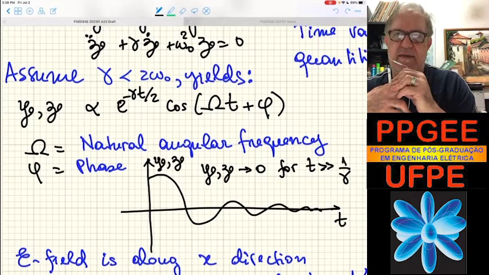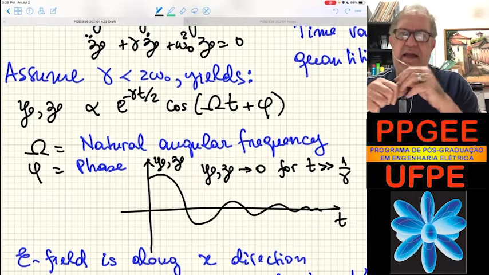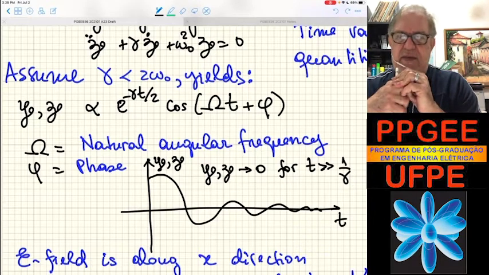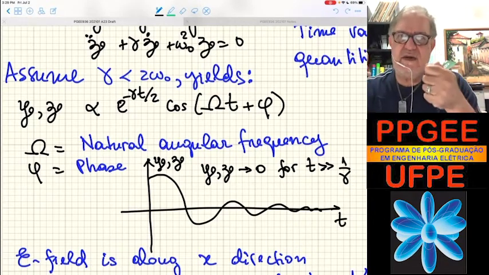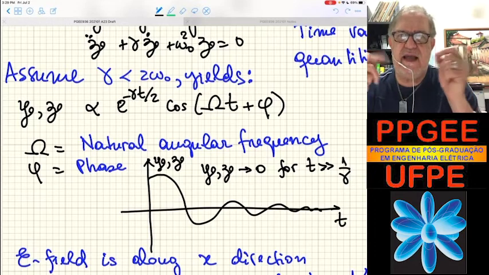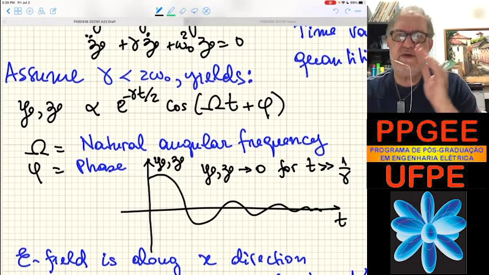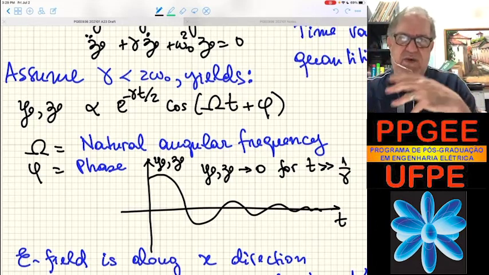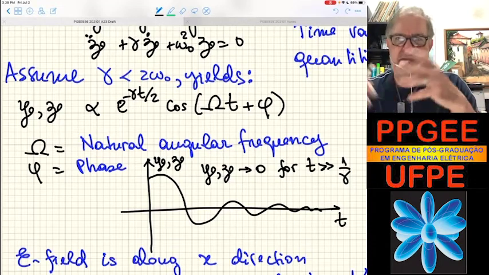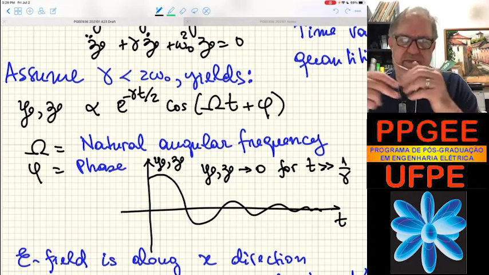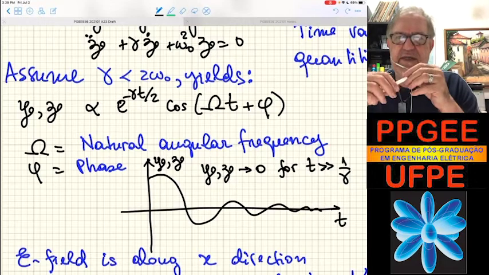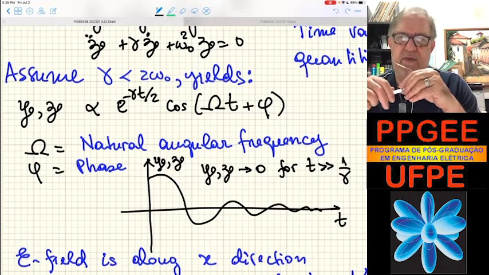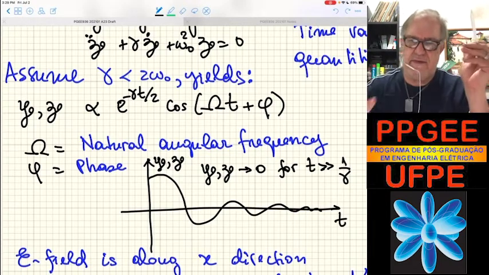If we apply an oscillating field with a given frequency, we turn on the field, so the system in the x direction is going to go through a transient behavior with a mix of oscillation between natural frequency and applied frequency. And after a long time, it reaches what we call the steady state, in which it's going to oscillate at the frequency of the applied field.